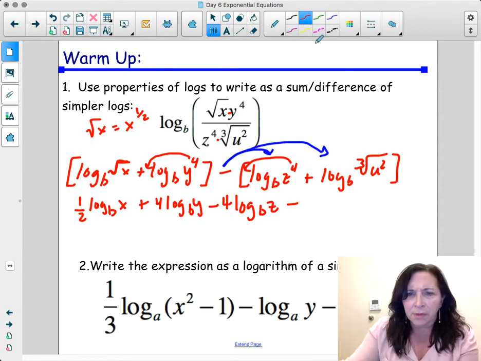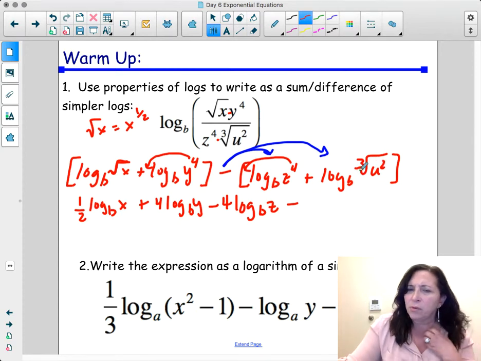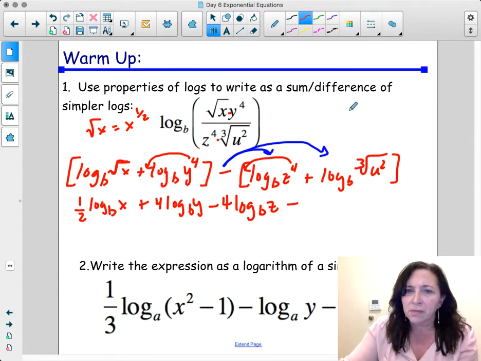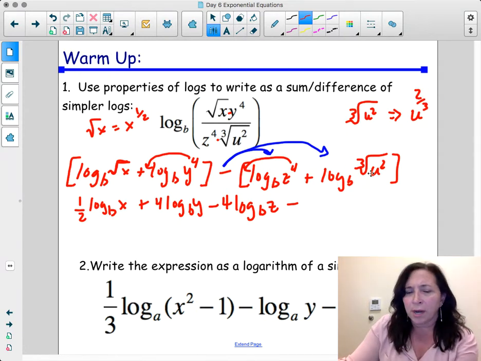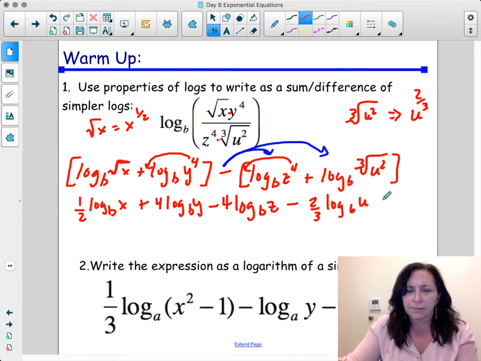And so that'll be minus, and then I'm going to rewrite this. The cube root of u squared is actually rewritten as u to the 2/3 power. And if that's an exponent, when I rewrite that, that's going to move to the front. So that'll be minus 2/3 log base b of u.